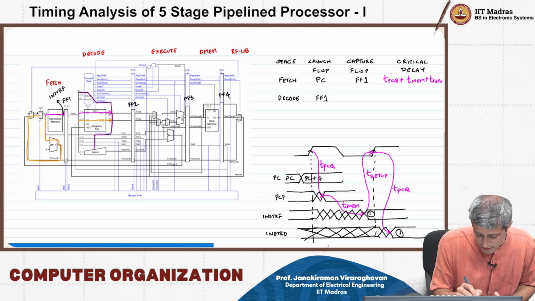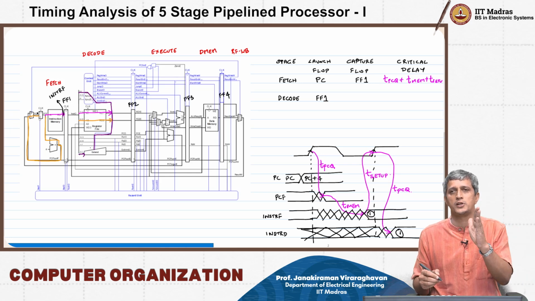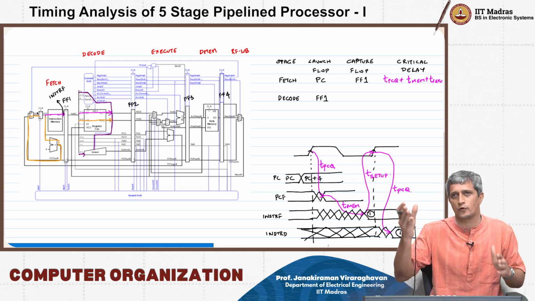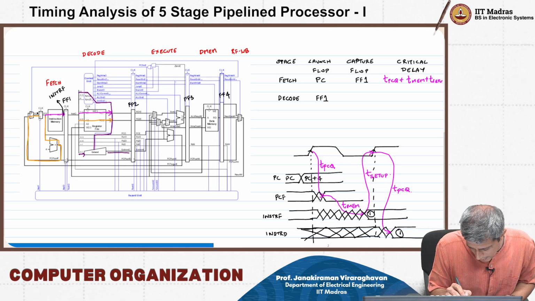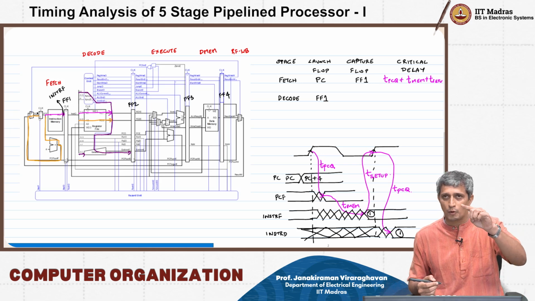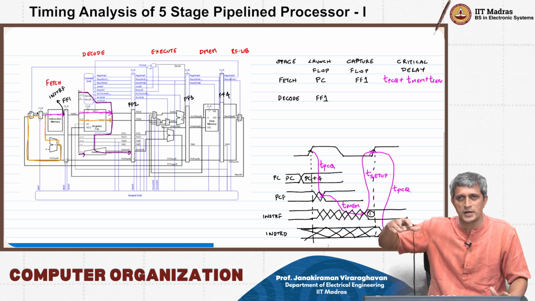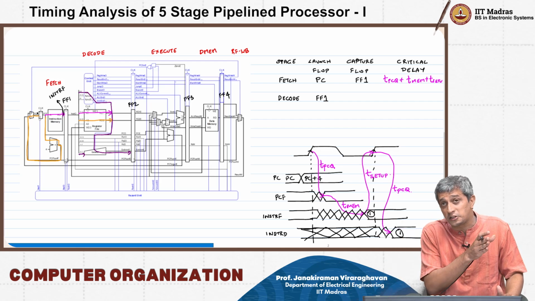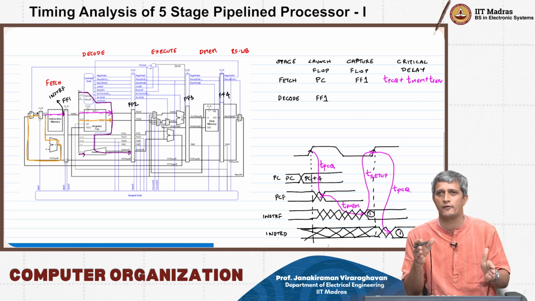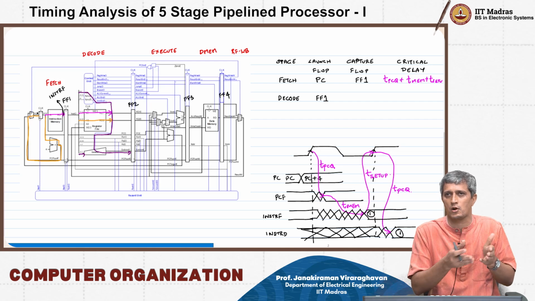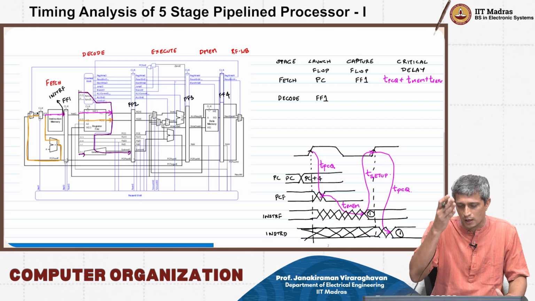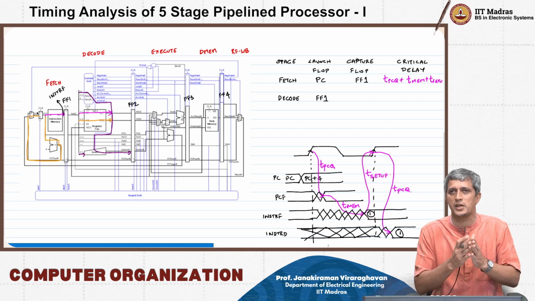Remember this signal would have arrived just TPCQ after the clock edge, while the T decoder is of course larger, so therefore this is another interesting path. It will take T decoder plus T extension unit as one delay. Then there is the T register file. TPCQ delay is common to everything, whether you go through extension or whatever, it doesn't matter. So really all these signals will arrive at the control block, register file and extension unit TPCQ later.